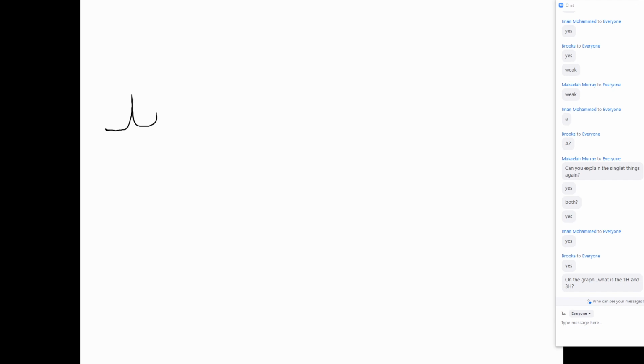So we see something like this. 0, 1, 2 ppm. What 1H means and what 3H means is if you did the area under this curve, the area under this curve would equal 1, or would equal 3, which means this is based on 1H, this is based on 3, or this is based on 2 and this is based on 6, or in the case we actually saw, this is based on 3 and this is based on 9.